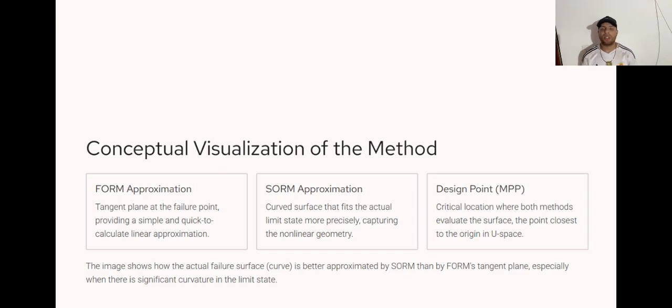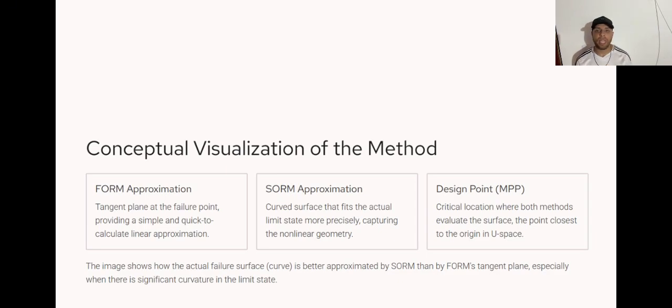Conceptual visualization of the method. FORM approximates with a tangent plane at the failure point, providing a simple and quick way to calculate a linear approximation. SORM approximates with a curved surface that fits the actual limit state more precisely, capturing the nonlinear geometry.